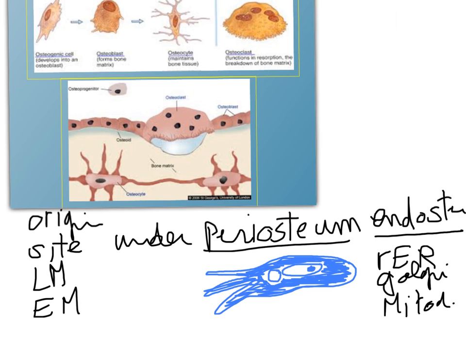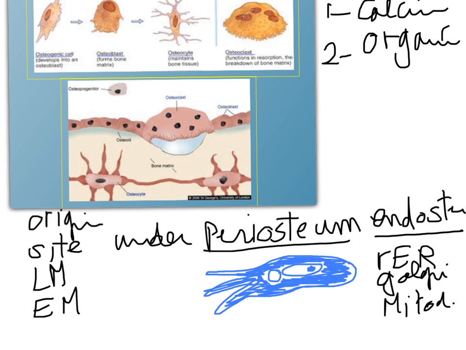So here we can mention that the functions are the following. Number one, secretion of the inorganic material, which is the calcium salts, by the aid of the alkaline phosphatase. Number two, formation of the organic material, and when it is newly formed it is called osteoid.